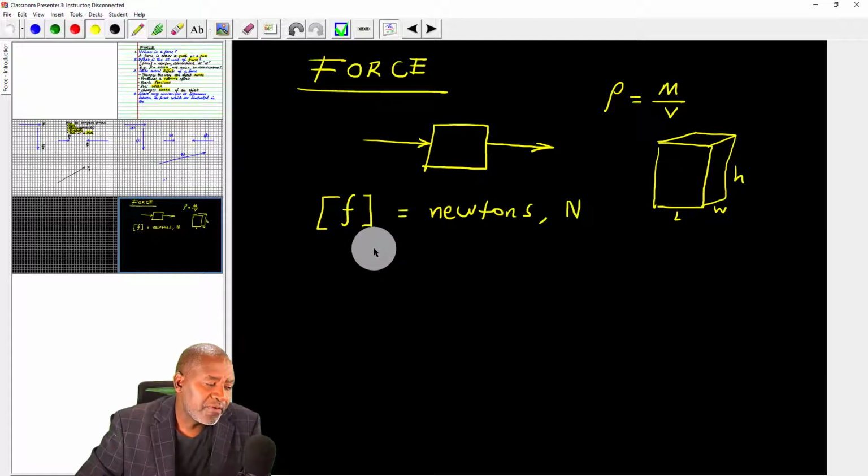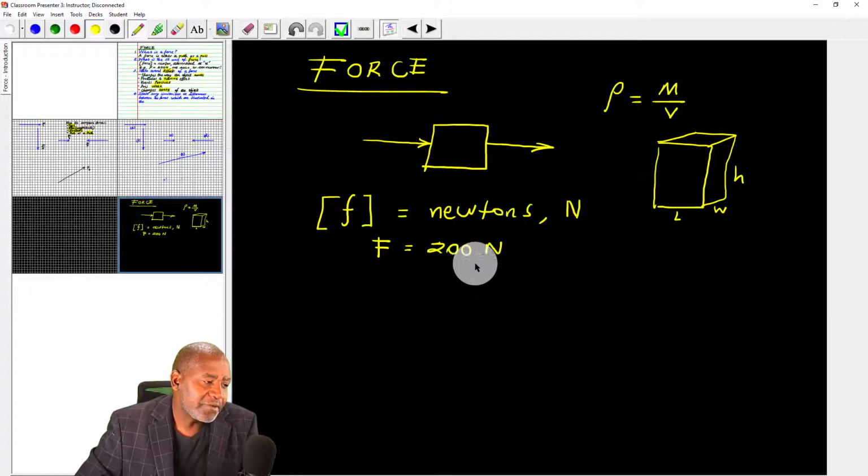For example, if I'm talking about the force that I'm applying here, I can say that that force is 200 newtons. The magnitude of a physical quantity usually has a number and a unit.